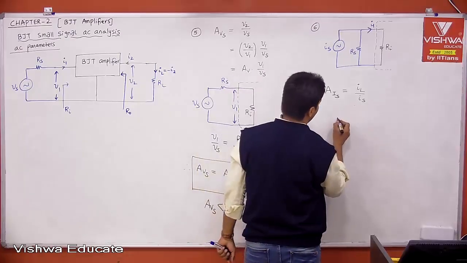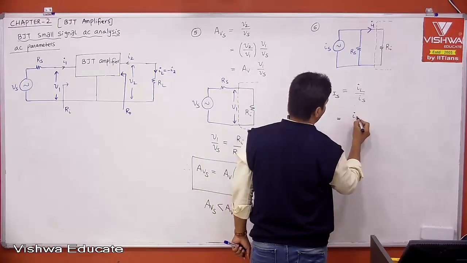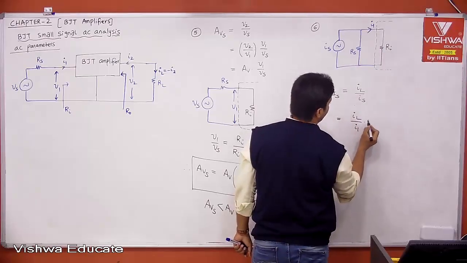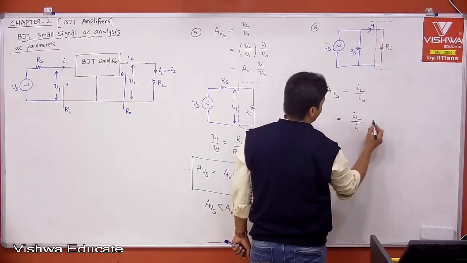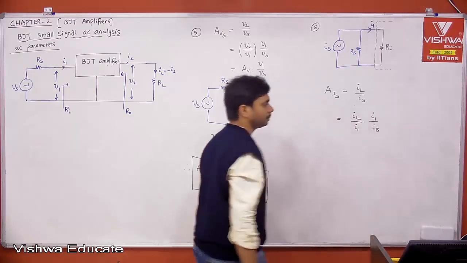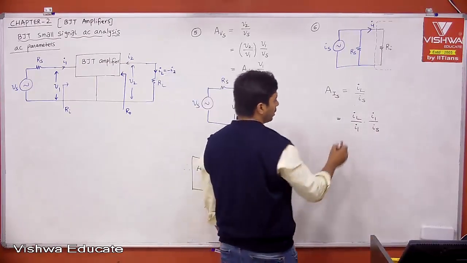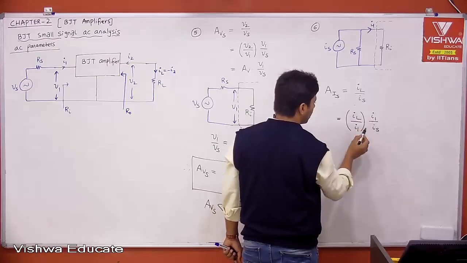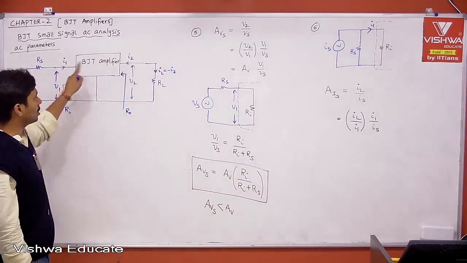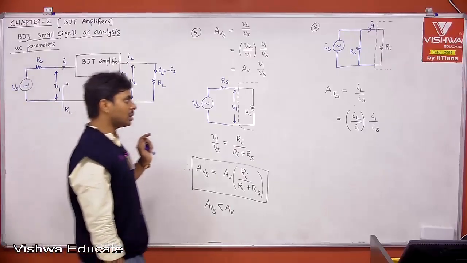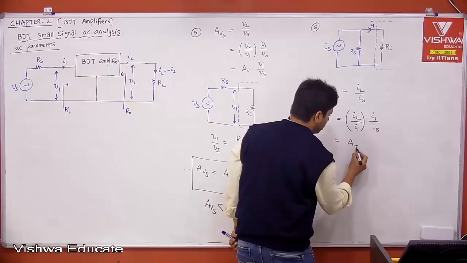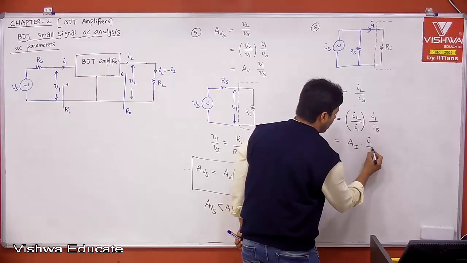Then can I write it again? IL, we are getting load current because of I1, right? Then I1 is because of IS. Therefore, IL divided by I1 times I1 divided by IS. We already calculated the load current because of the input current entering your amplifier, that is your core amplifier gain, AI, into I1 divided by IS.